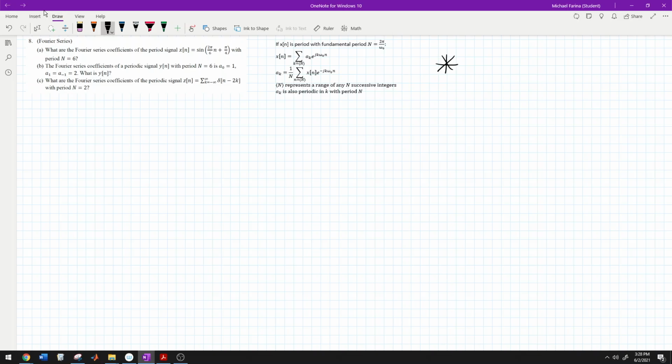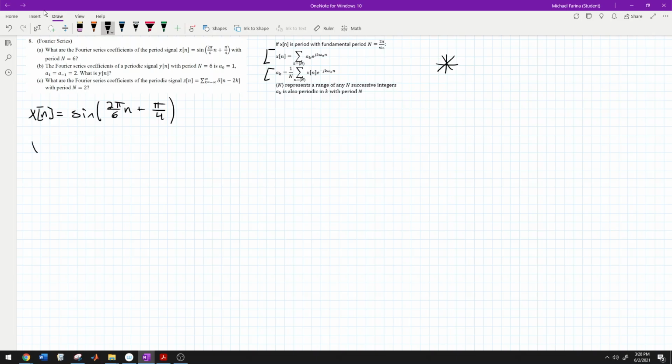So x of n can be represented as a sum of complex exponentials with coefficients ak, and ak is given by this formula here. But we can take x of n, which is equal to sine of 2 pi over 6 times n plus pi over 4, and apply Euler's formula.